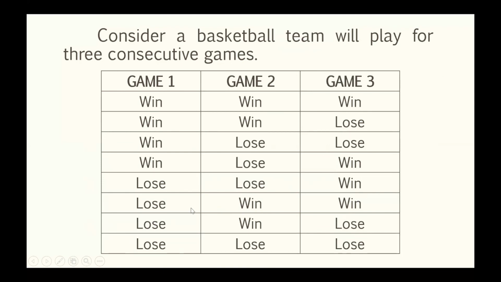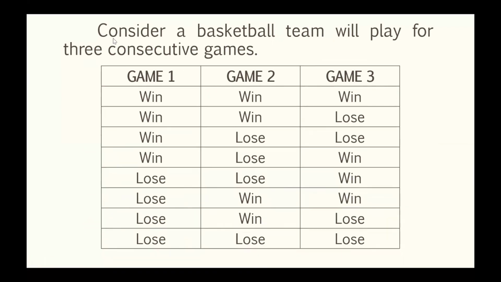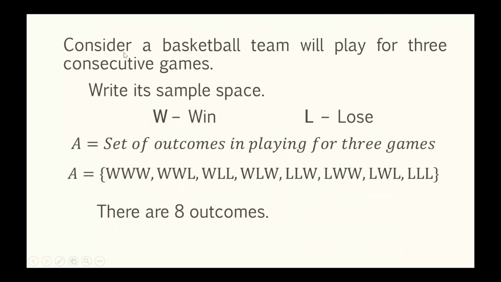It can be lose, win, win. It can be lose, win, lose. It can be 3 losses. So for the sample space, W is for win and L for lose. Let's name the sample space as set A. There are 8 outcomes all in all.